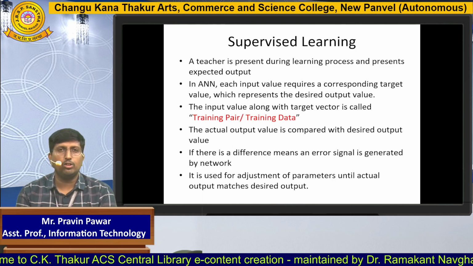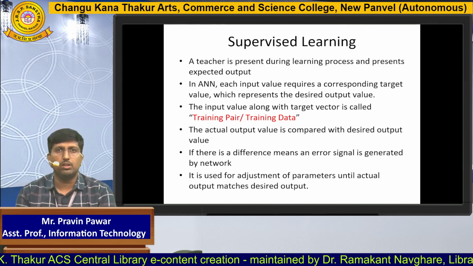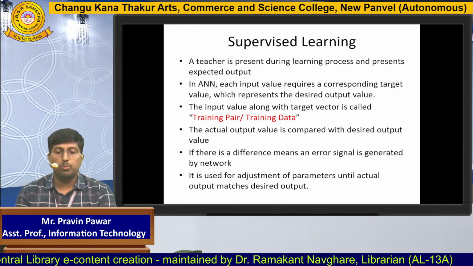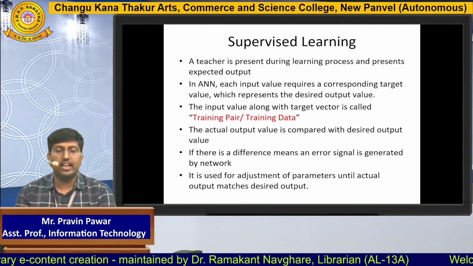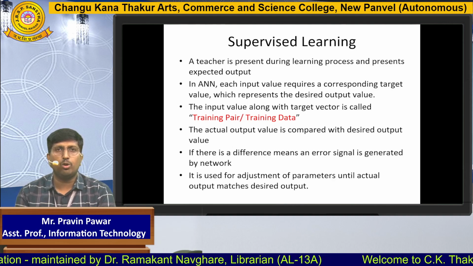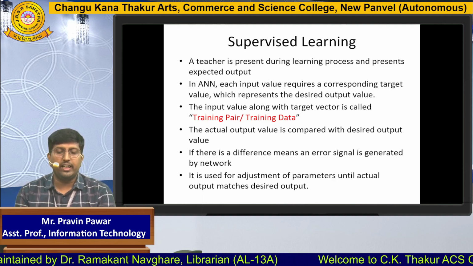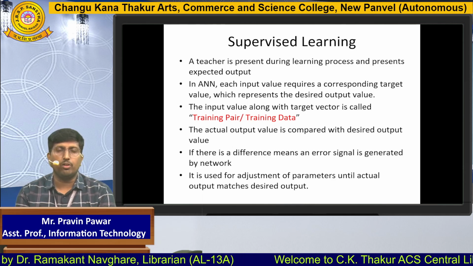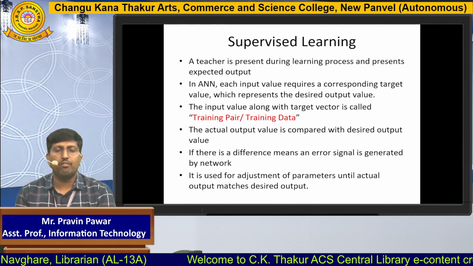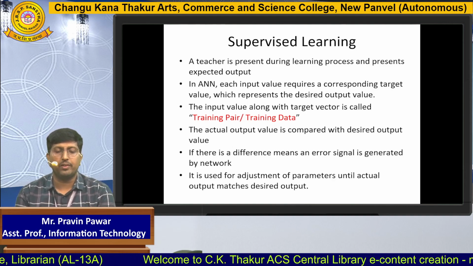Some kind of value should be there to find the output of that supervised learning. The actual output value is compared with the desired output value. After this processing, we'll be checking the two values: what is the expected value and what is the output value, what you are expecting from the machine and what is your required output.